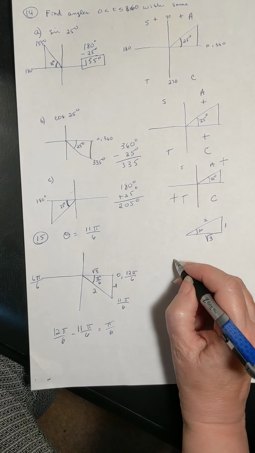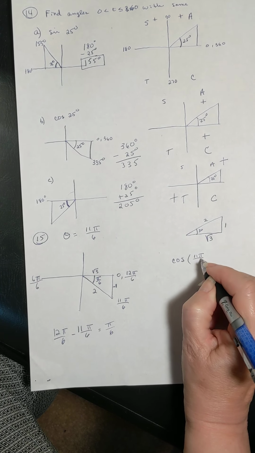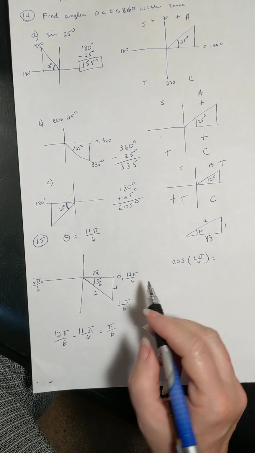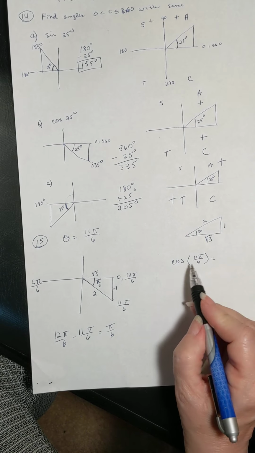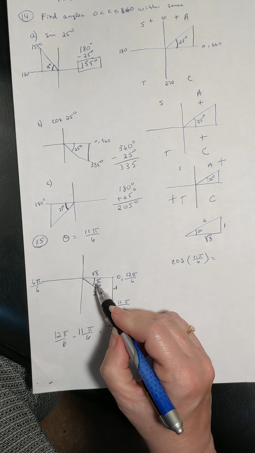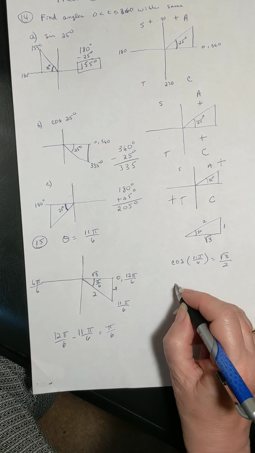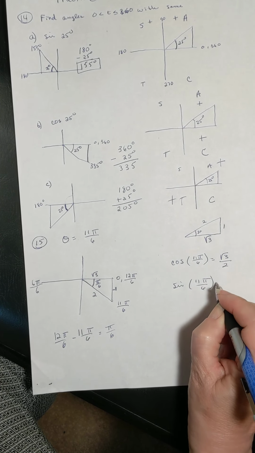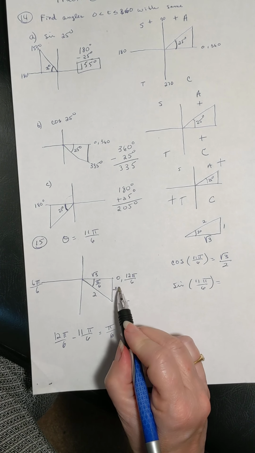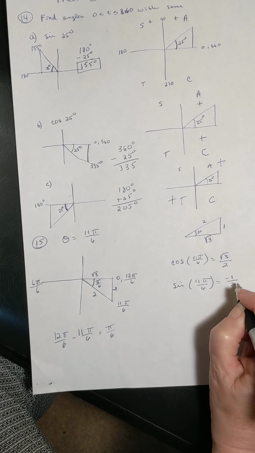All right? So now looking at the cosine of 11 pi over 6, I'm sorry, we usually use sine first. I don't know why I wrote down the cosine, but it would be square root of 3 over 2. And then looking at the sine of 11 pi over 6, it would be opposite over hypotenuse, negative 1/2.